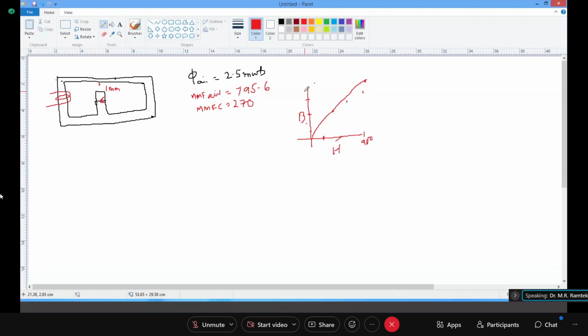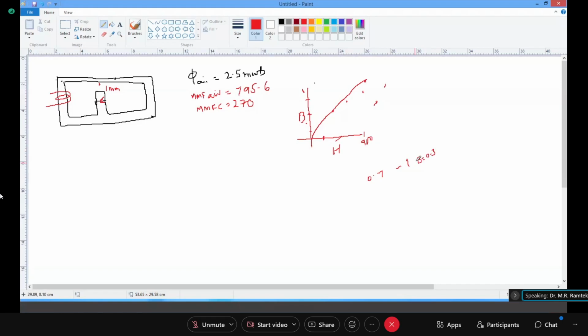Because I don't have a graph, anybody tried? It is not a correct or very good method, but what I will do, I will choose the 0.7 and 1 B, that is the range, which comes out to be a difference of 0.3.